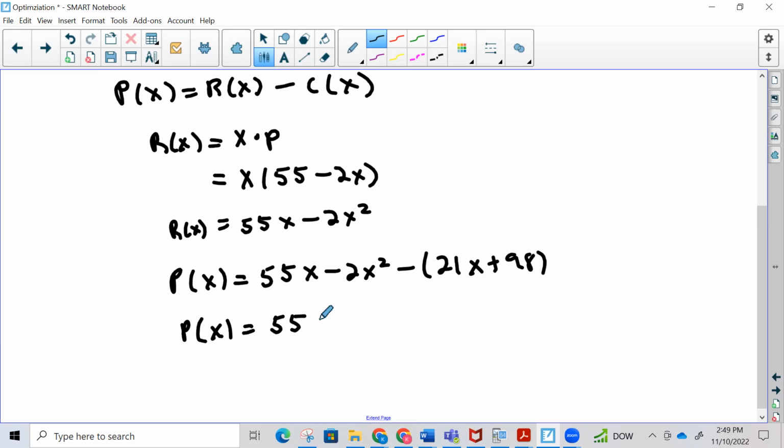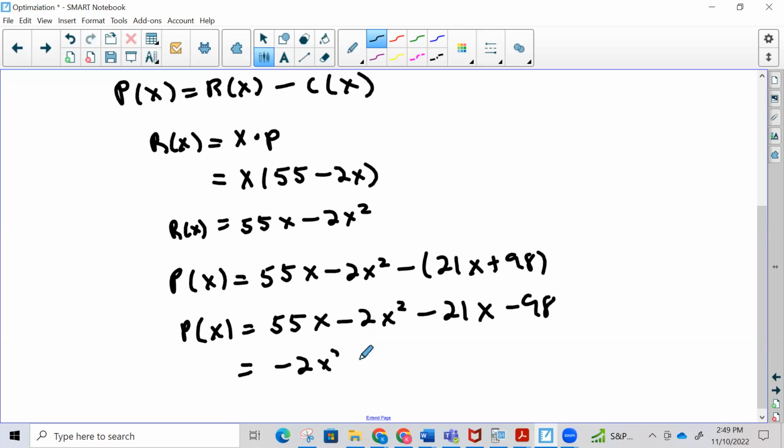So we have 55X minus 2X squared, distribute the negative, and then combine like terms. We get negative 2X squared plus 34X minus 98, and that's my profit.